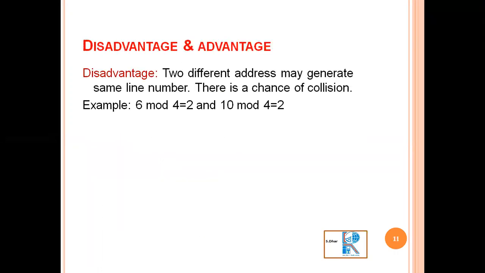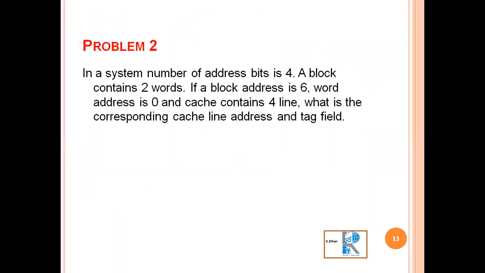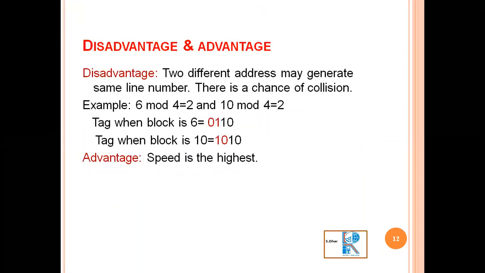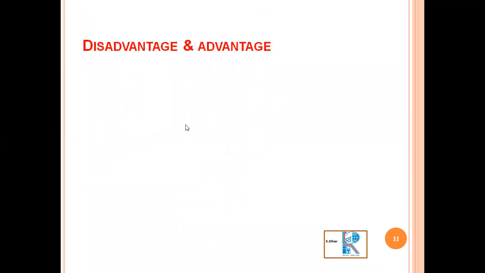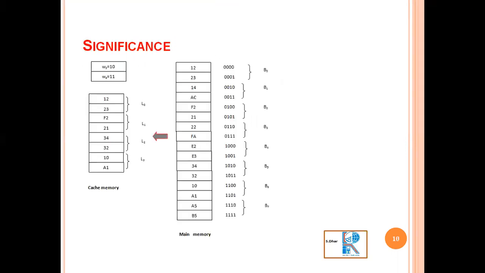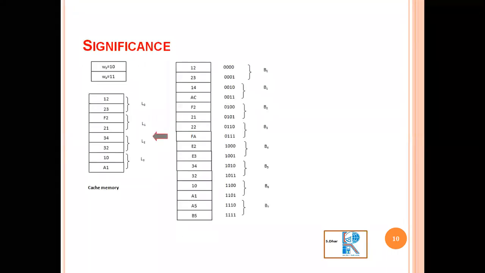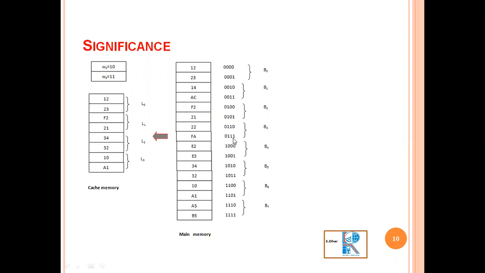See here, it will go to the particular line number. From this block number a particular line number is generated, then it will check the tag field whether the data is present or not. If the tag is matched, that means data is present, it will execute the data. But there is a problem.